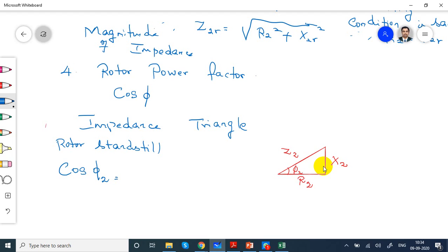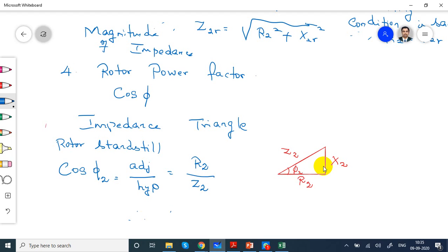What is cos phi? Cos phi will be adjacent divided by hypotenuse. Adjacent is R2, and hypotenuse will be this one, Z2. So R2 by Z2.